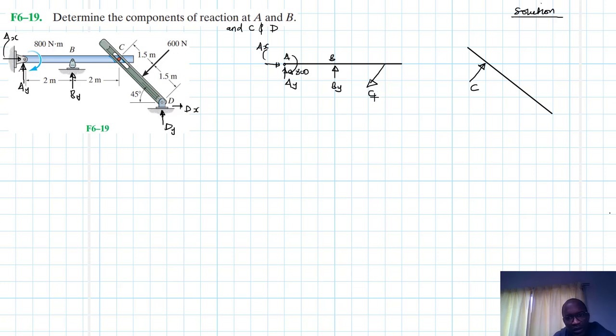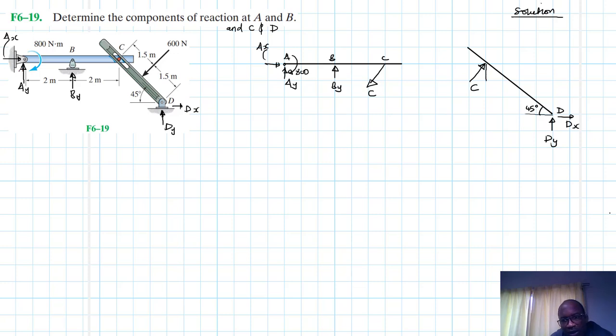Okay, this point is C. To say what is the slope, we know because I'll indicate the slope. We have Dy, we have Dx. This slope we've been told is 45. When you have 45, things even become more easy.